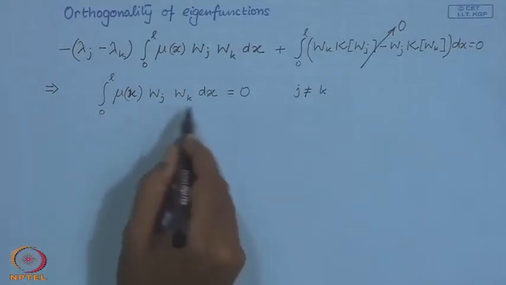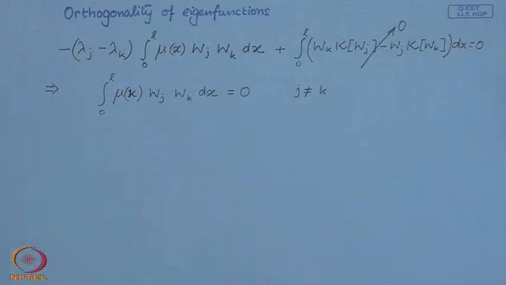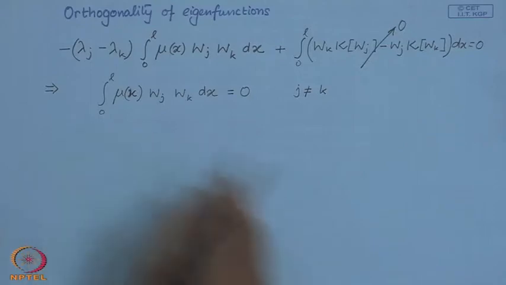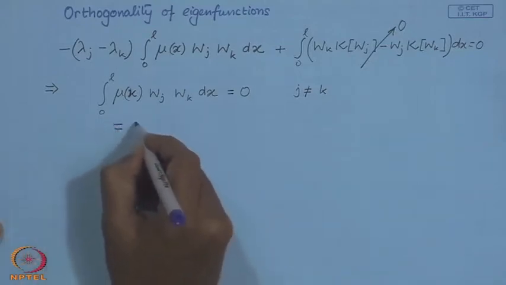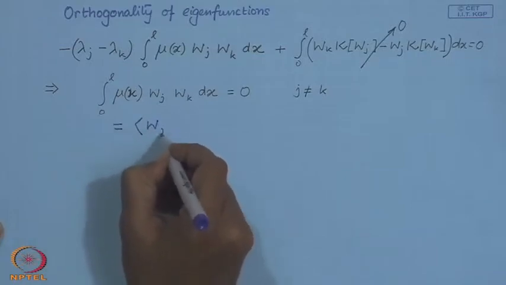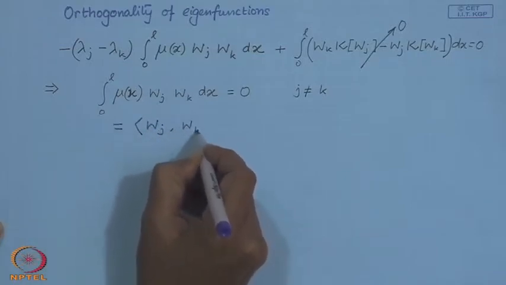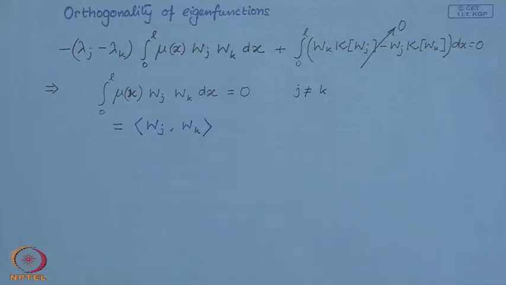Which means if I take two distinct amplitude functions, modes, eigenfunctions W_j and W_k, then they satisfy this property that this integral must vanish, and this we define as the inner product of these two eigenfunctions.